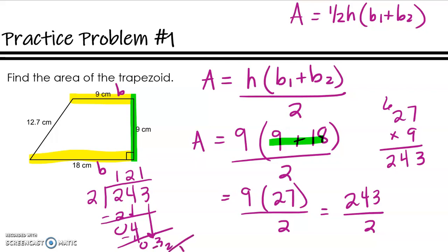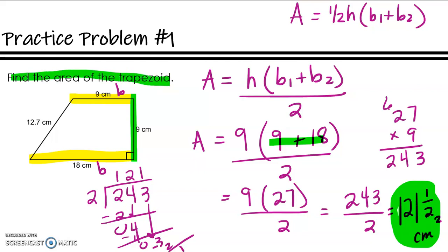And I'm almost out of room, but there's 1 left over. So my final answer is 121 and 1/2 centimeters squared. You could also say 121.5. So there's my final answer for the area of the trapezoid.